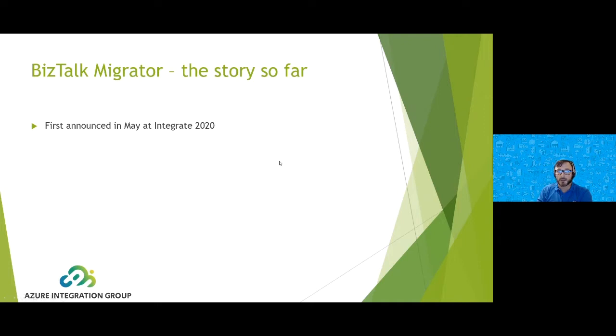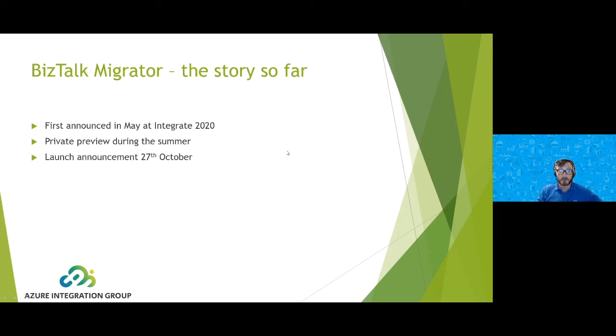At that time, we saw a few slides on the design, a few slides on the tool actually running, but not much on what the output looked like. There was a private preview, and at Integrate people were asked to take part, which is something Dan and I have been doing. During the summer, we've been trying to migrate all sorts of BizTalk apps and giving feedback on that.